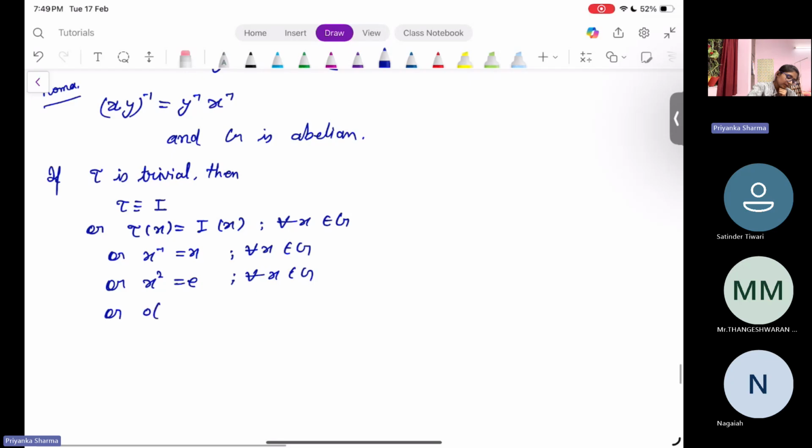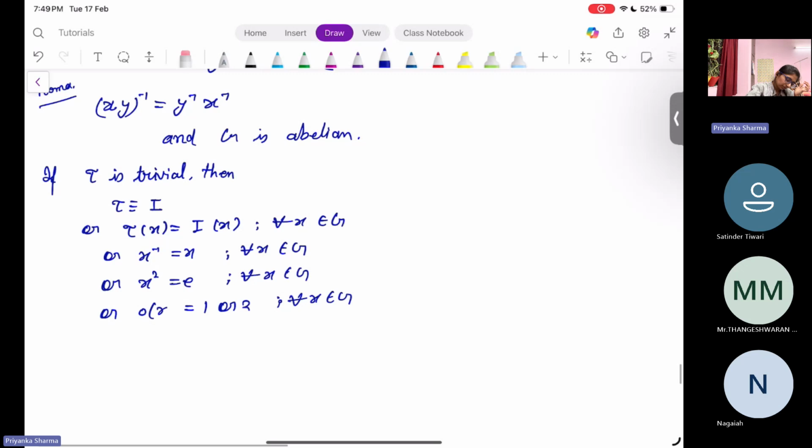Or we can say the order of x is 1 or 2 for all x belongs to G. X square is identity means, sorry, the order of x can be either 1 or 2 because the order of x will divide 2 in that case.